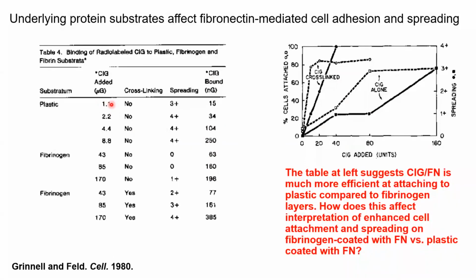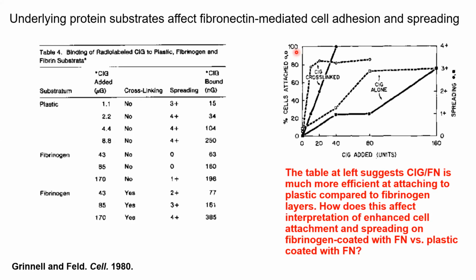Look at how much they're having to add to get a few units here versus how much they're having to add here to get an equivalent number of units. So the fibrinogen, the blood clot, is much worse than plastic at absorbing fibronectin.